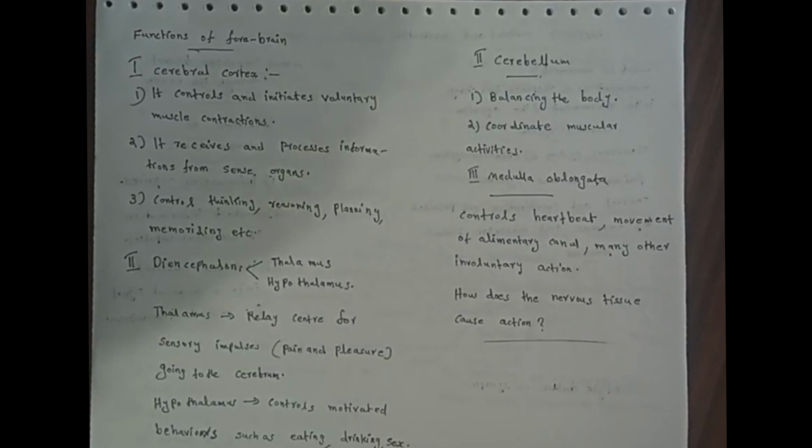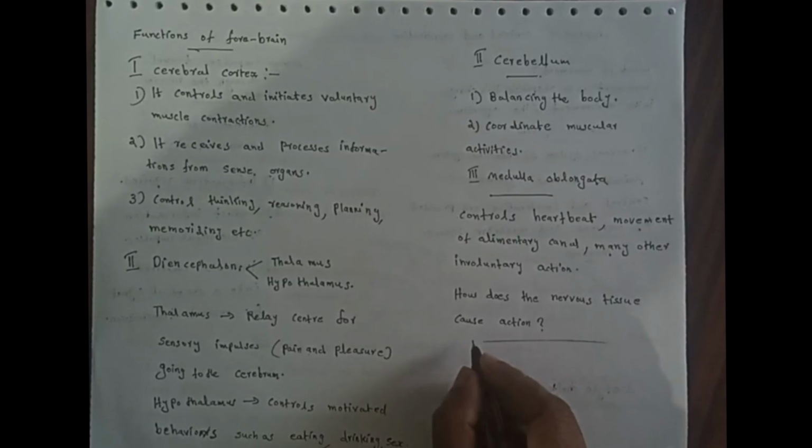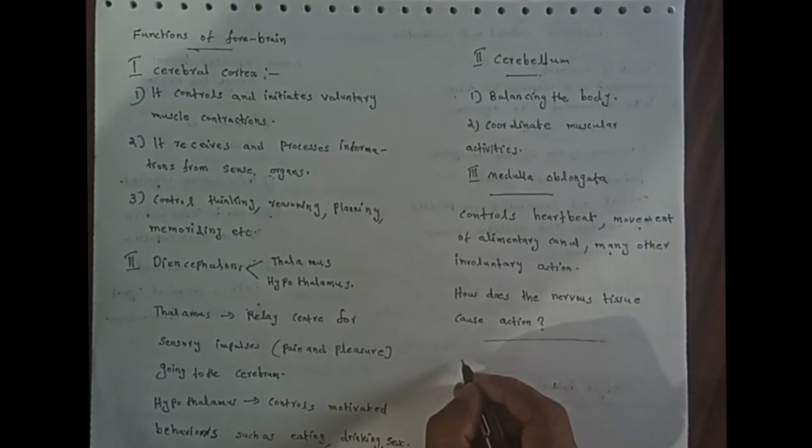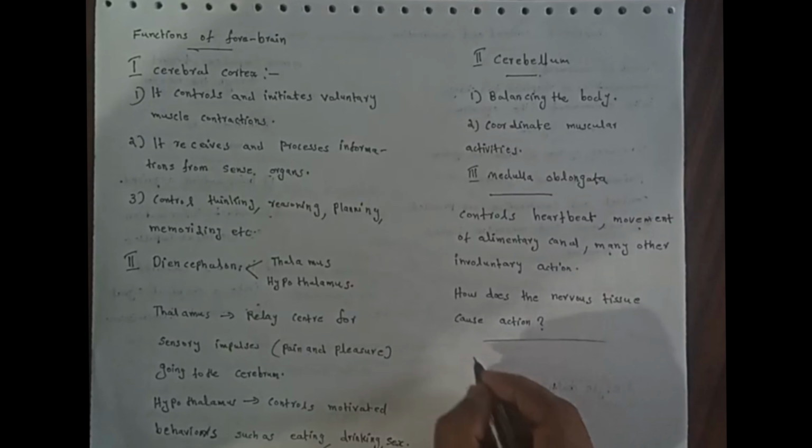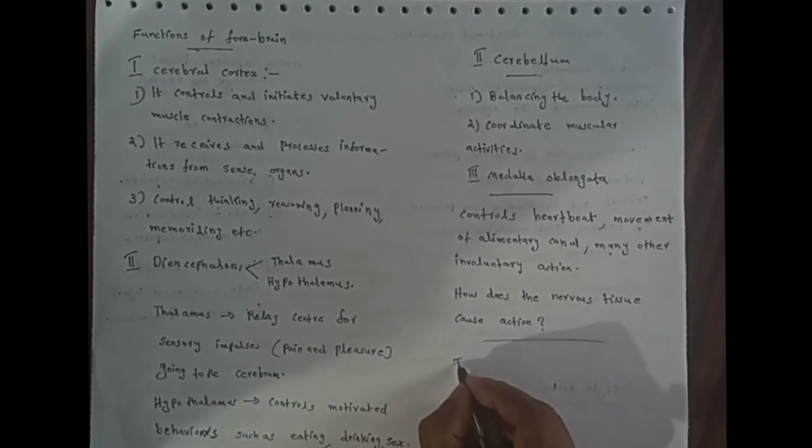The main proteins: there are four main proteins seen in muscle.